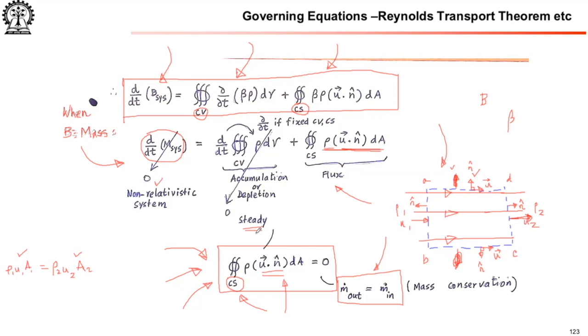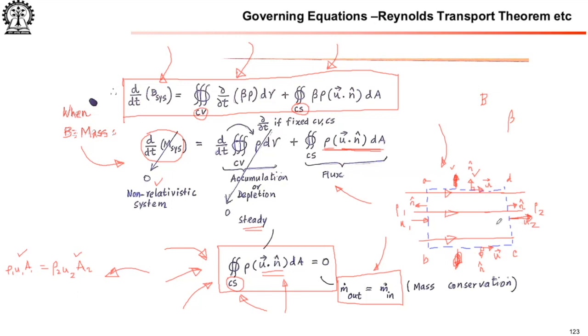So we don't need to worry about those top and bottom surfaces. Just the left side and the right side then become relevant. If you look at the direction of the unit normal and the velocity at that face, some dot products become positive, some become negative, and that resulted in this particular form. So this expression gave this expression for the particular choice of this control volume.